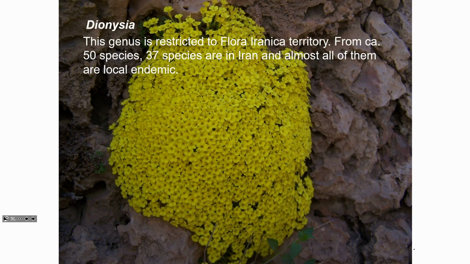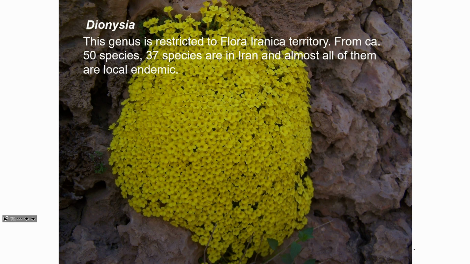In high elevation, I give a few rocky species, important ones like Dionysia, probably you know, or gardeners are very, very attracted to this. They like it and usually plant it. This is an endemic genus to Southwest Asia with around 50 species.